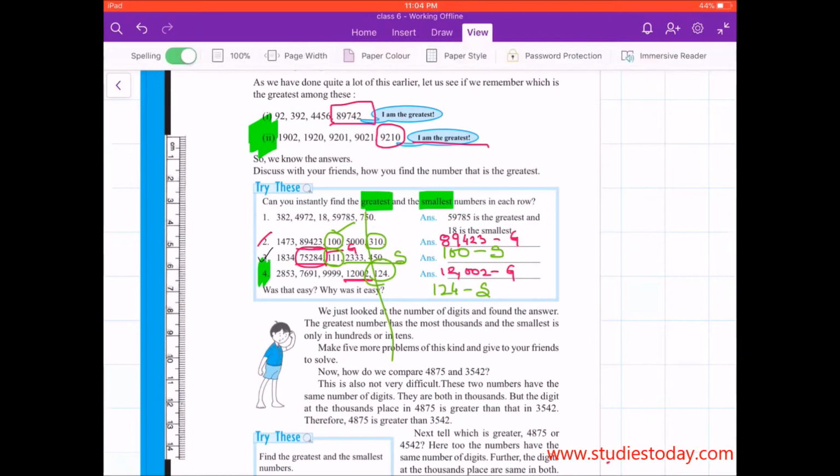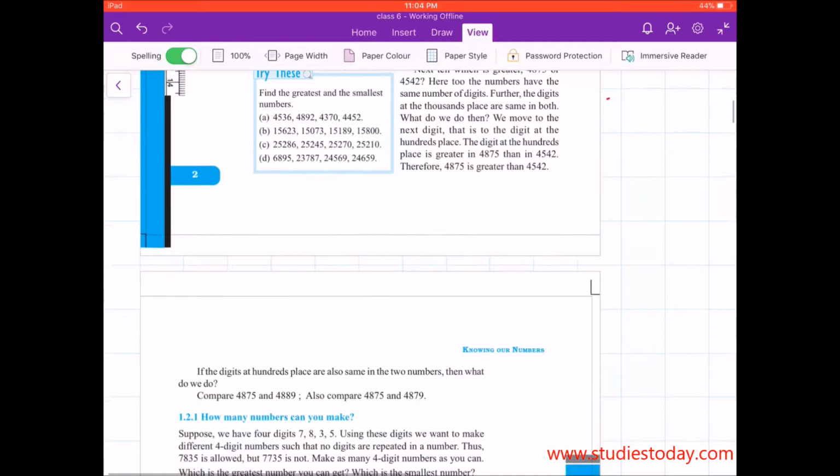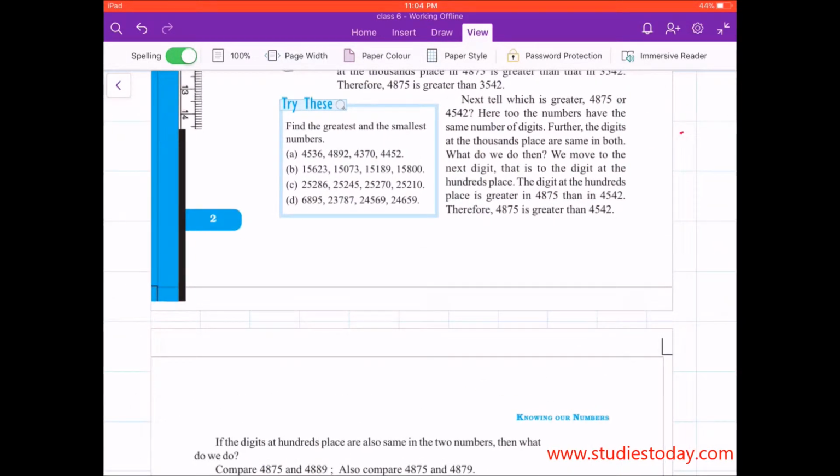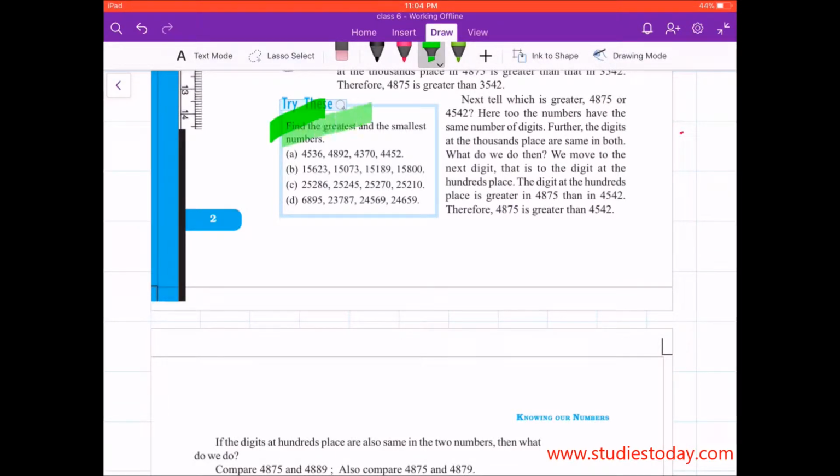Now we move forward to our next set of questions, in which it says find the greatest and the smallest number from these given numbers. So let us check what we can do here. First, I will mark greatest number. Now as all these 4 numbers are of 4 digit, I have to check their place value.